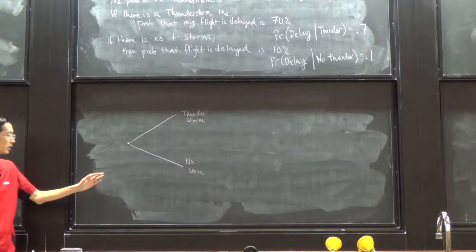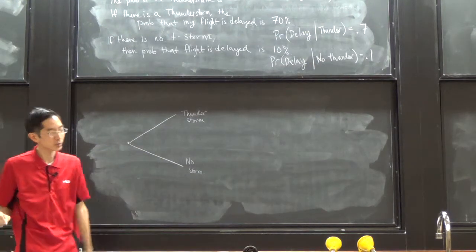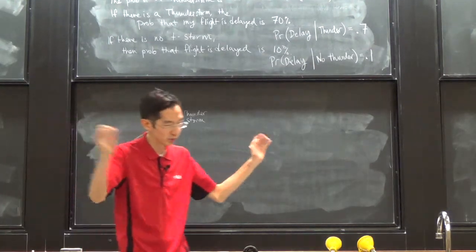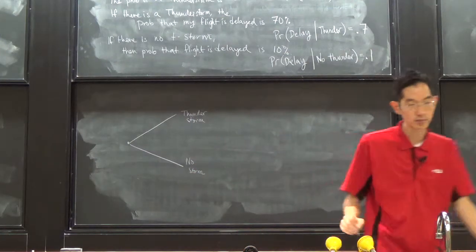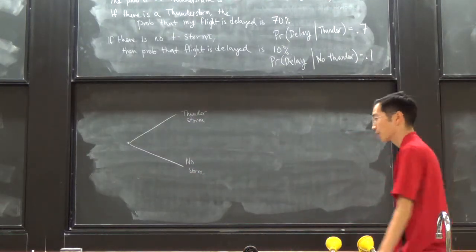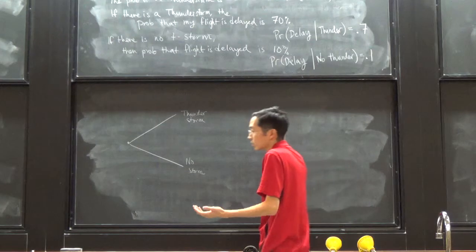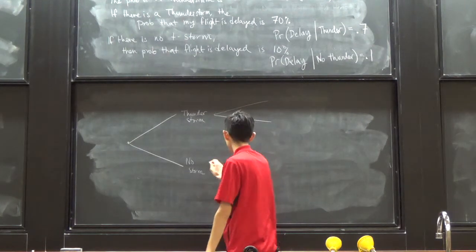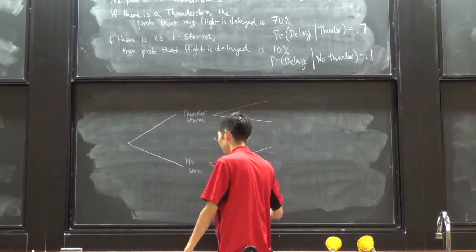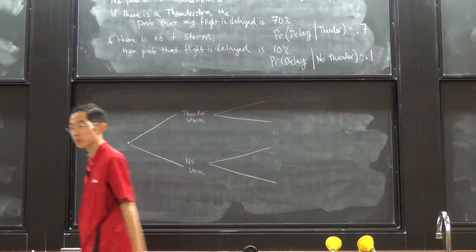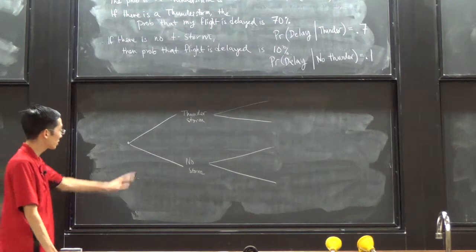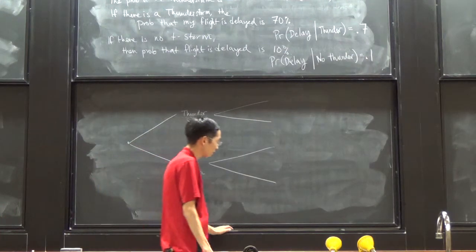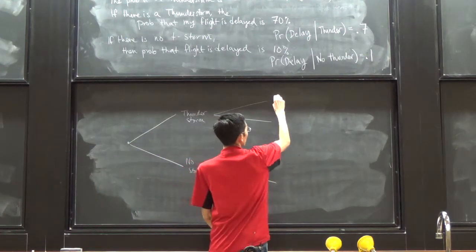Okay, so if I ask the question, what's the probability that my flight gets delayed overall, whether or not there's a storm? It's a little bit difficult to answer, but I think it's easier when we use a probability tree. Okay? And so this lists out the possible ways things can unfold.